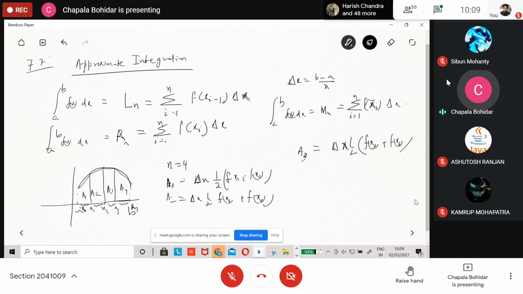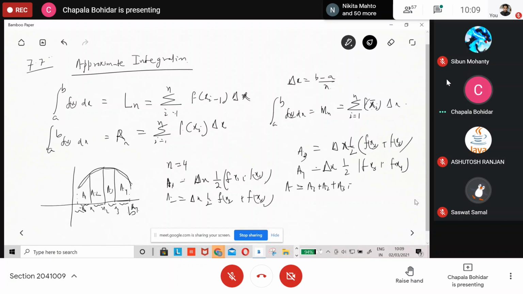Then area A4 is equal to del x into half of f(x3) plus f(x4). So the area of this curve, that is our A, is equal to A1 plus A2 plus A3 plus A4.